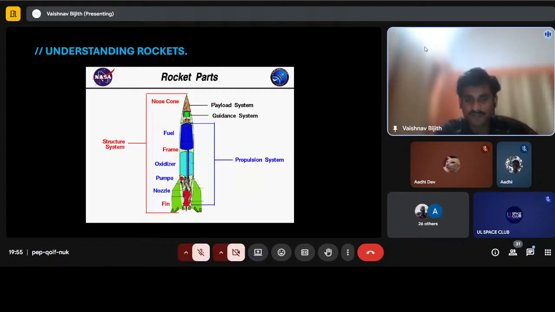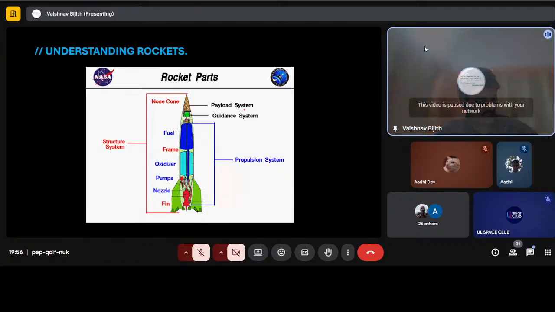And then we have the payload system. The payload system is actually the most important part of a rocket. This payload system is what defines the purpose of the rocket. Let's say you want to launch a satellite into space, you put that satellite into the payload system.